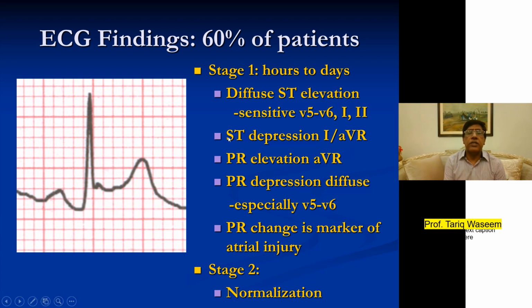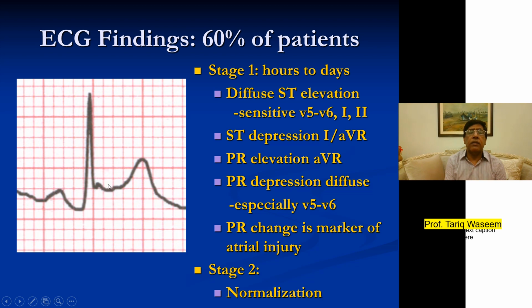Paradoxically, there can be ST segment depression in leads 1 and aVR. The PR segment is elevated in lead aVR, but classically the PR depression is diffuse. So you would have a PR segment, notice over here, which is depressed, and it gives a false impression of the ST segment being elevated.